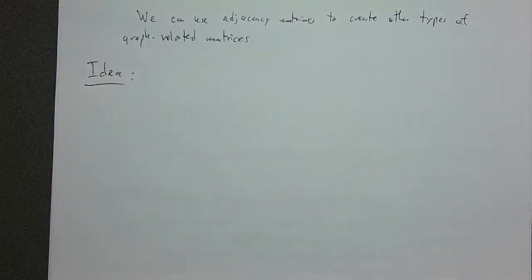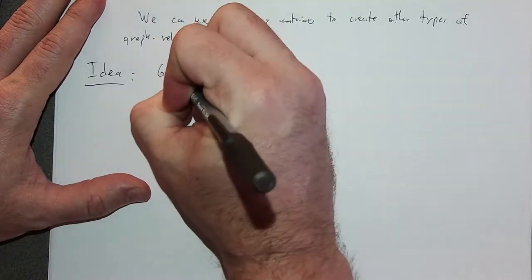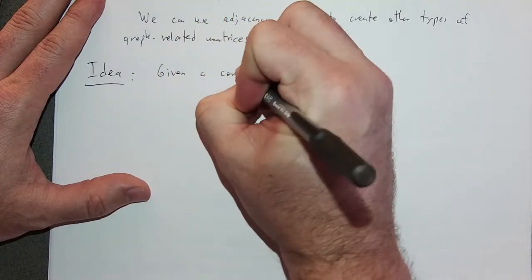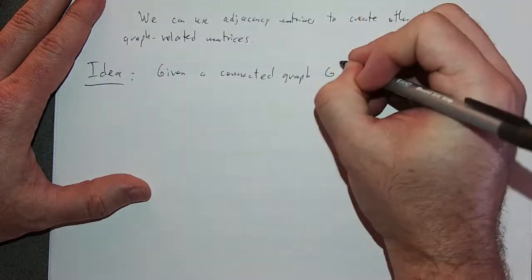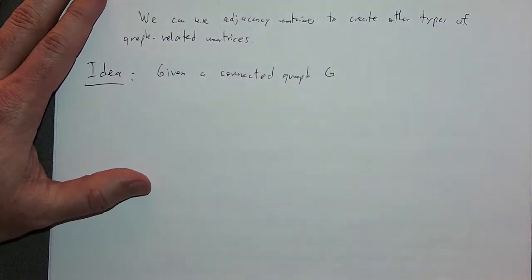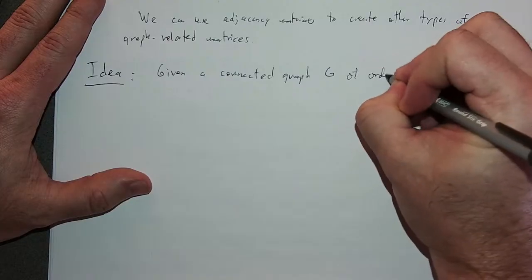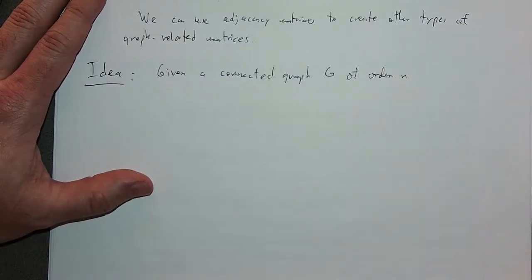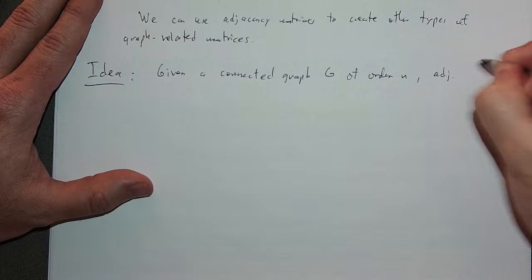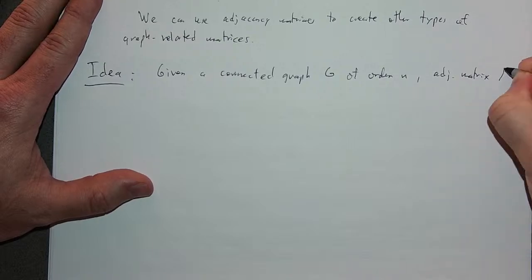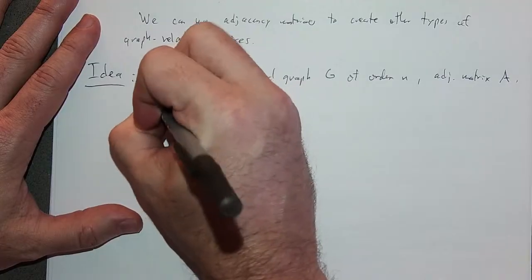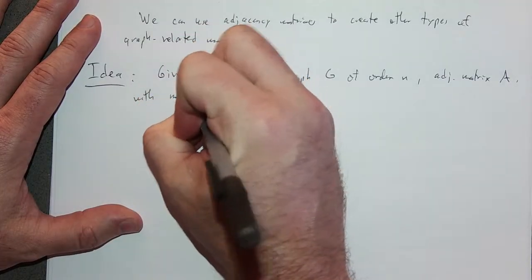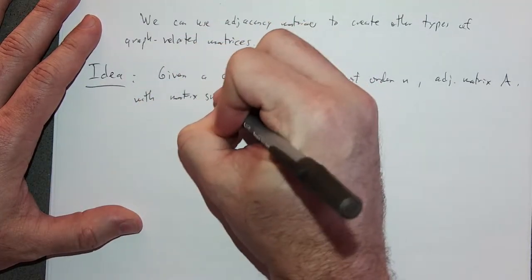Given a connected graph G of order n, adjacency matrix A, with S sub k defined as before. We just called it the matrix sum.